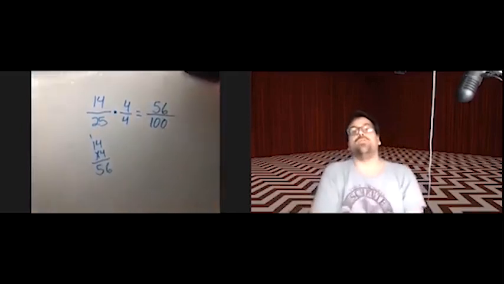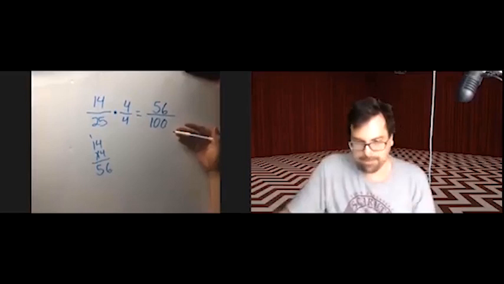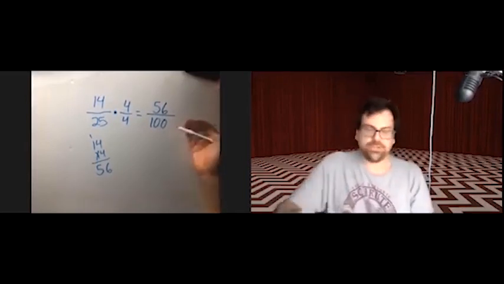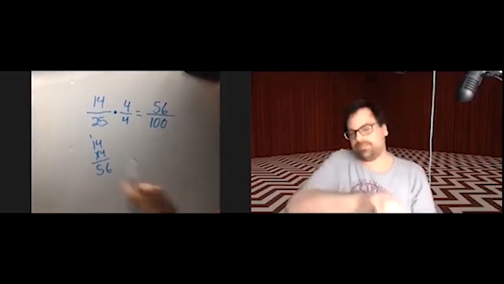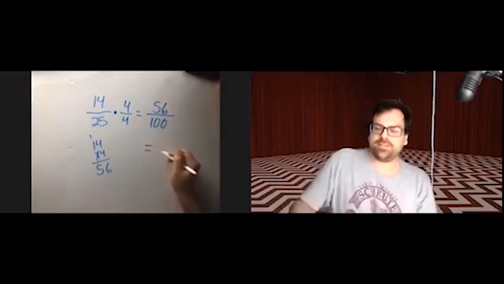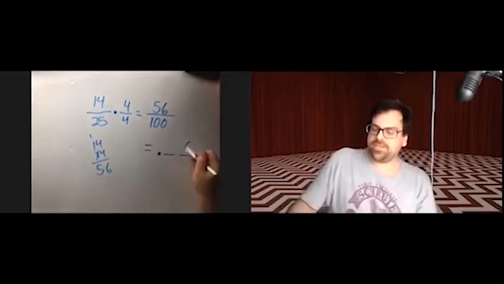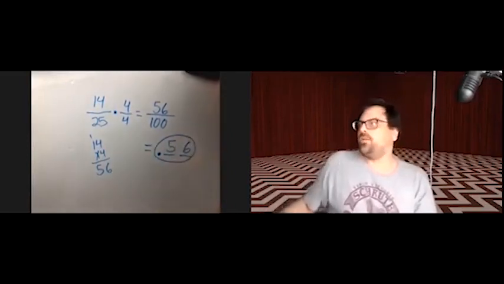We get 56 over 100. Don't reduce. We want to turn this into a decimal. If we reduce, we're just going to get 14/25 back. That doesn't help us. We're going away from that. 56 hundredths, decimal point, tenths, hundredths. The number 56 ending in the hundredth spot.